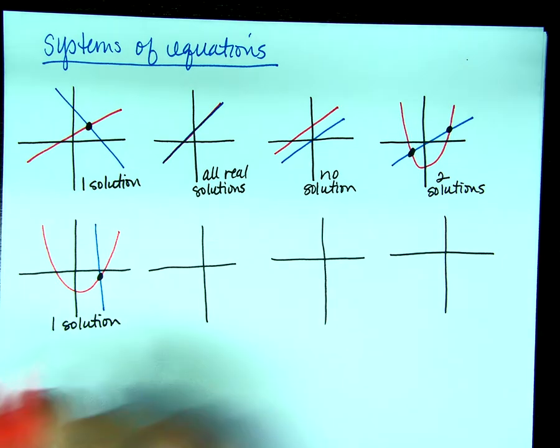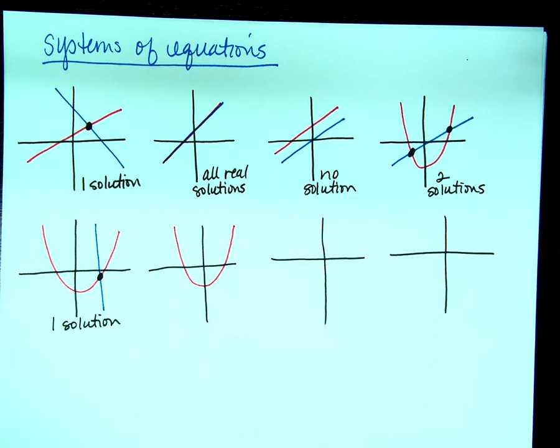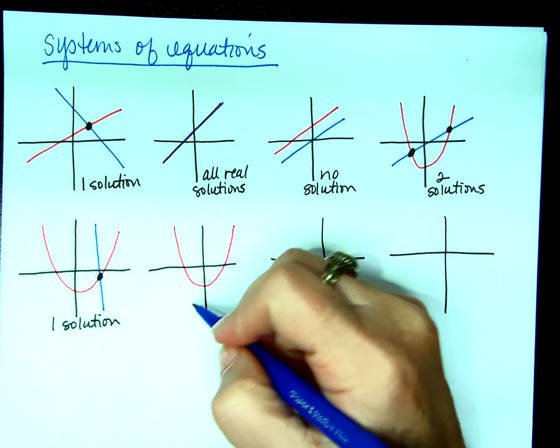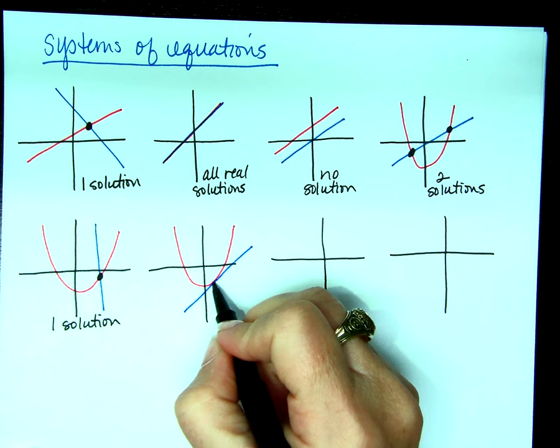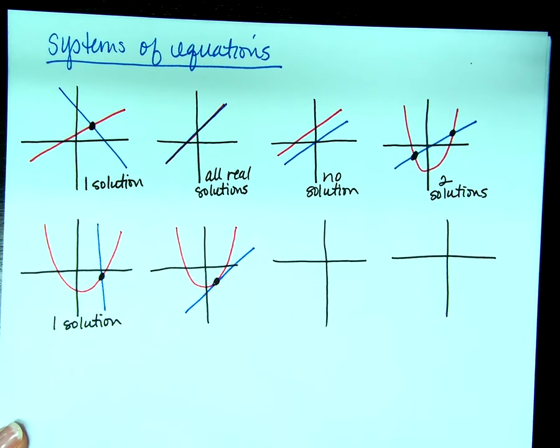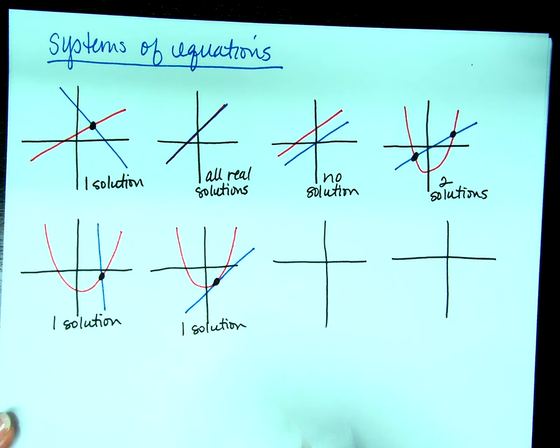Is there another way? If that's my parabola, what about if I had a tangent line on my parabola? Wouldn't that also be one solution? Yeah, just by definition of a tangent line, right? Touches in one point. I know that's geometry, but it's also algebra.